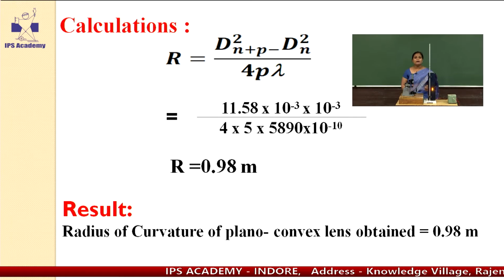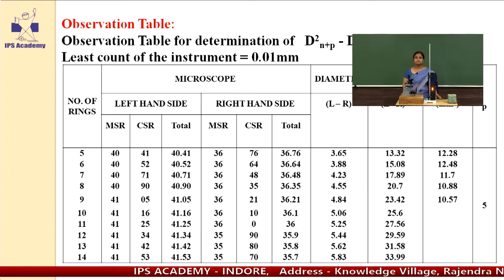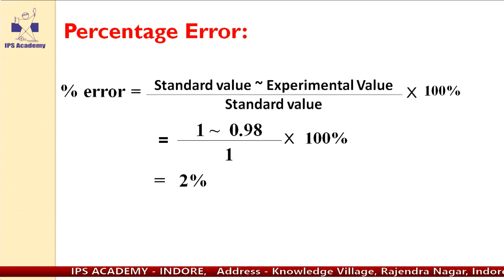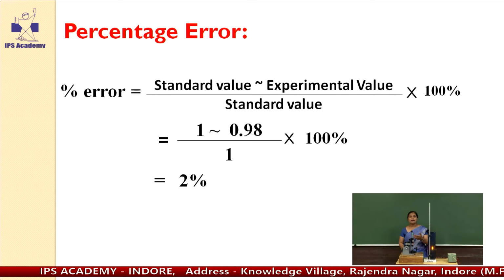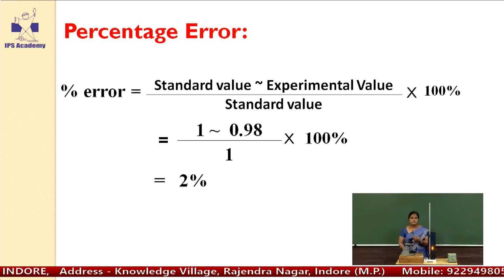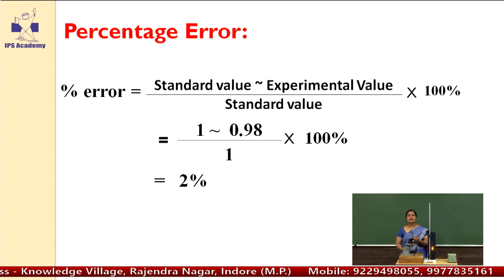The standard value for this experiment is 1 meter, and we are getting 0.98 meter. So always remember, you should calculate the percentage error in every experiment. The formula for percentage error is standard value minus experimental value upon standard value into 100.